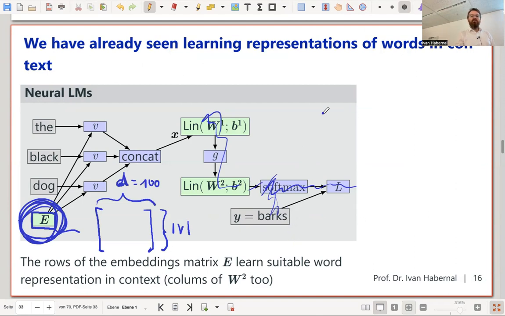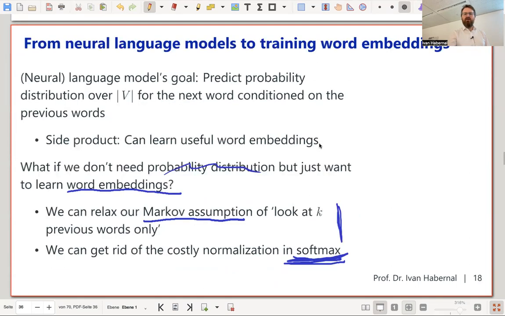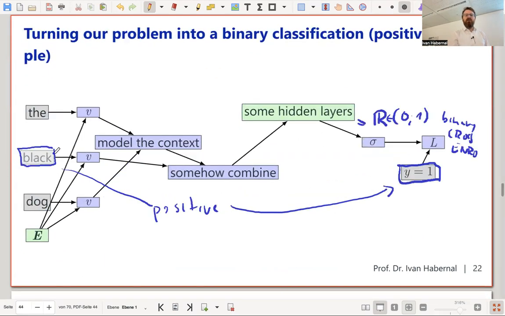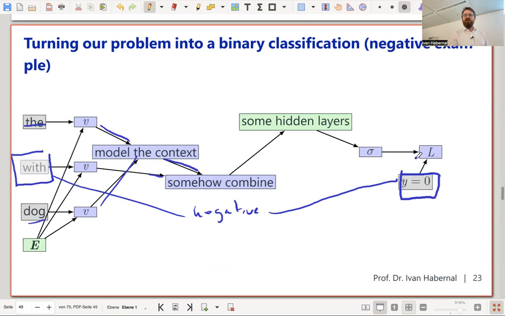We turn this very good machine for language modeling into something much simpler. We ditch the Markov property. We predict the middle word, and we simplify the softmax because it's computationally expensive. We create an artificial task, which is either a correct, positive example, which will be 1, or a negative example, which will be 0. So if you train this model, what will it predict? It's useless. The predictions of this model in practice are useless.